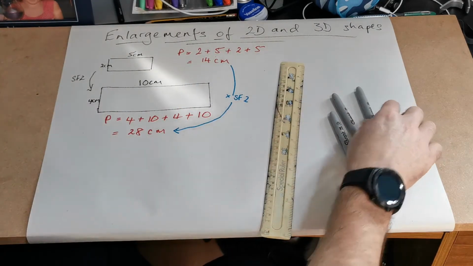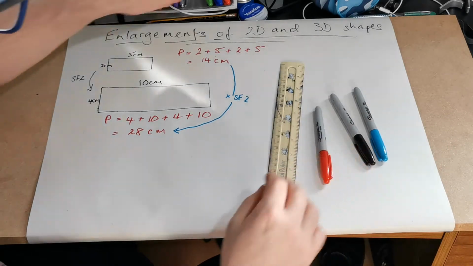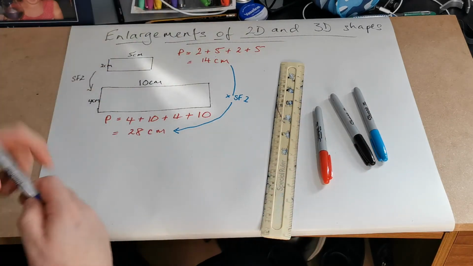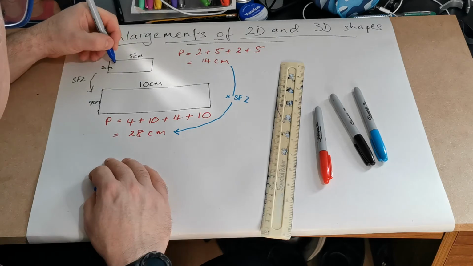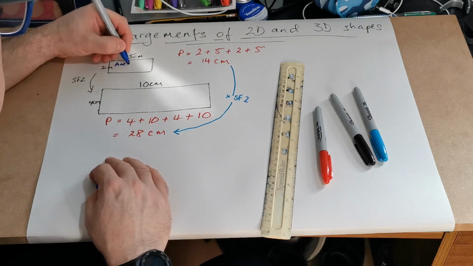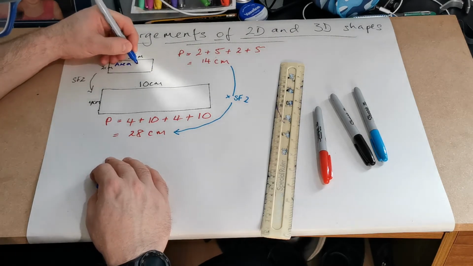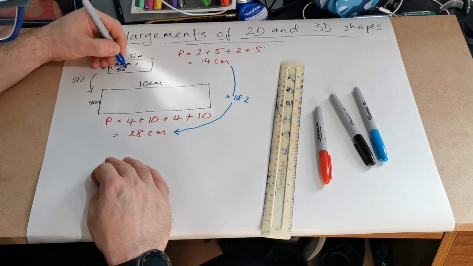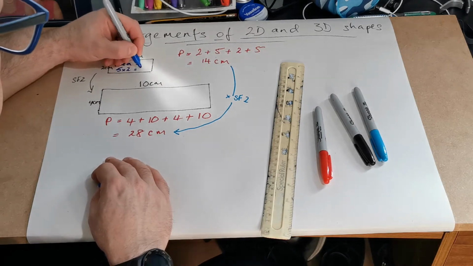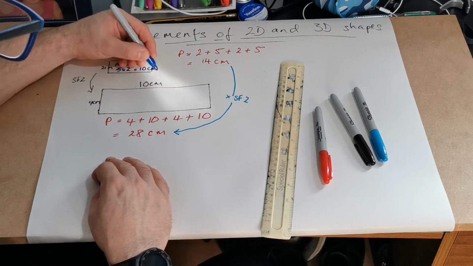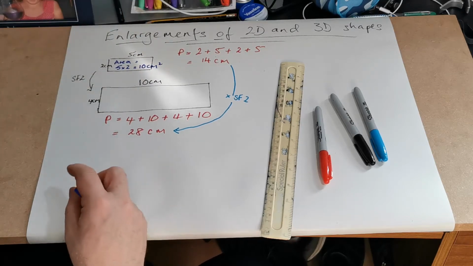Now if I was to look at the area, so 5 times 2 is 10 centimetres squared.